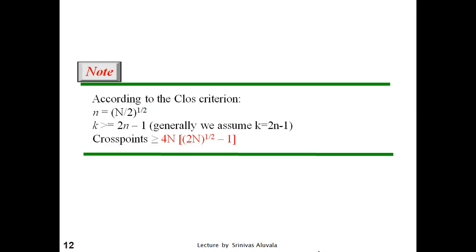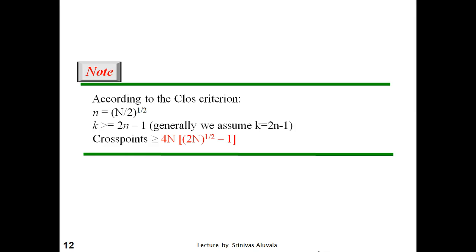2n minus 1. According to the Clos criterion, the number of input channels for a single crossbar in a multi-stage switch needs to be n equal to the square root of N by 2, where k is greater than or equal to 2n minus 1. Generally we assume that k is equal to 2n minus 1.